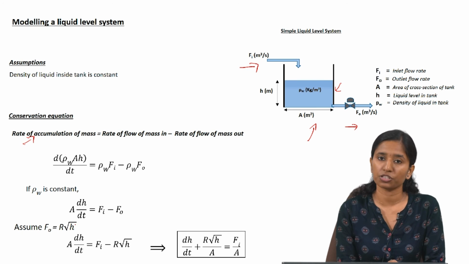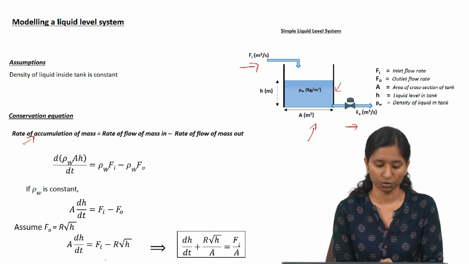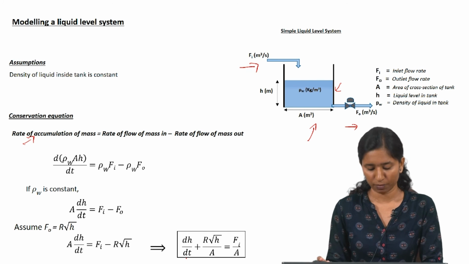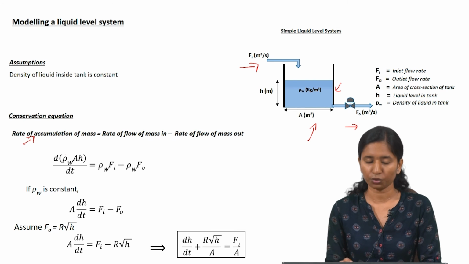So, this expression can finally be written as A dh by dt is equal to Fi minus R root h, which gives dh by dt plus R root h divided by A equal to Fi by A.